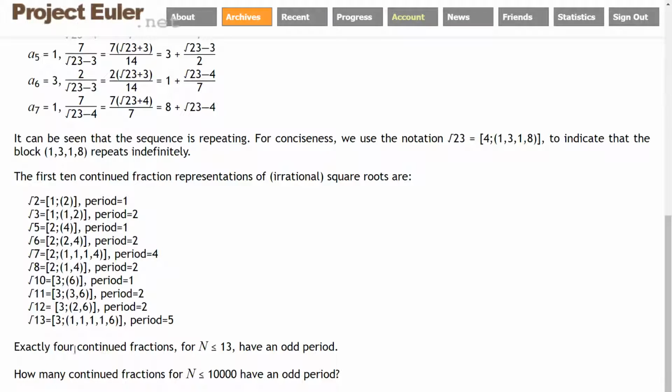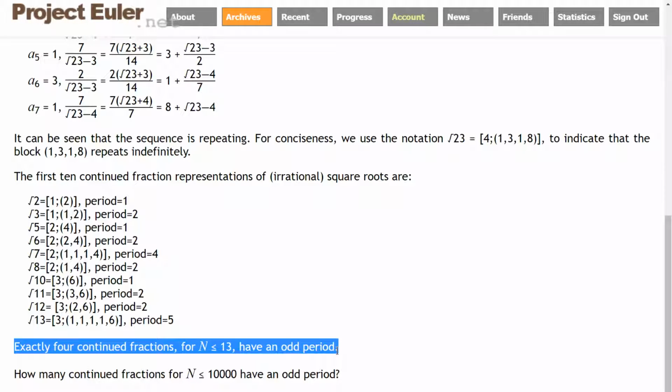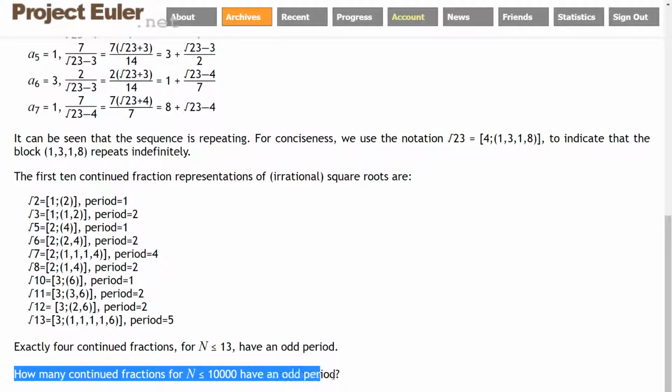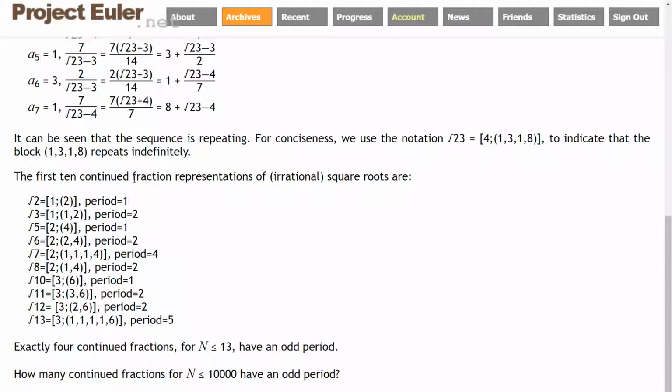Okay, but onward, what do we have as even the problem? So exactly 4 continued fractions have an odd period, the periodicity. How many continued fractions have an odd period? See that the sequence odd period is for number 13.